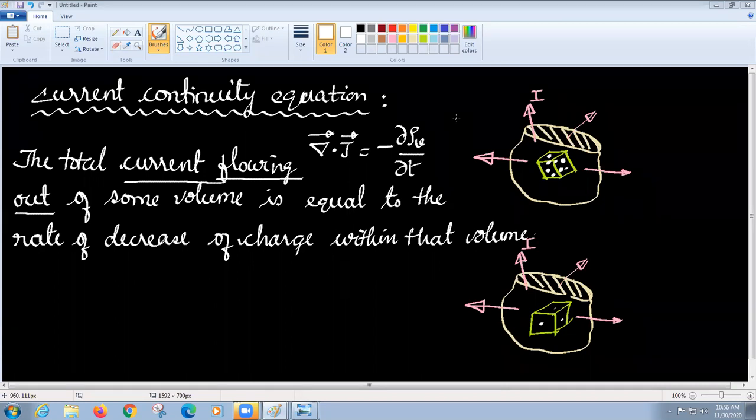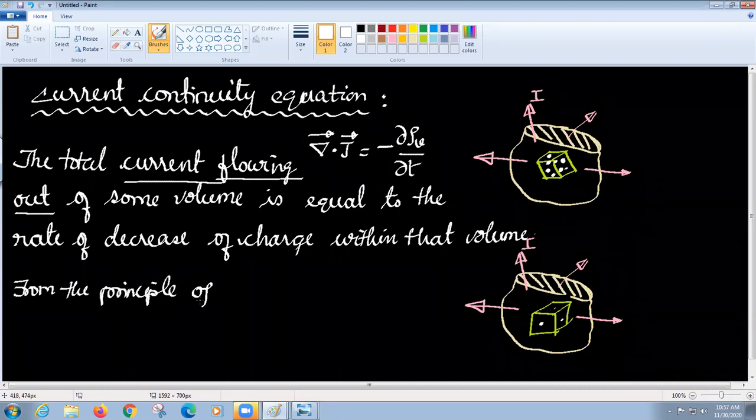So therefore, now I just write down like this. From the principle of conservation of charge, divergence of J is equal to minus dou rho v by dou t.